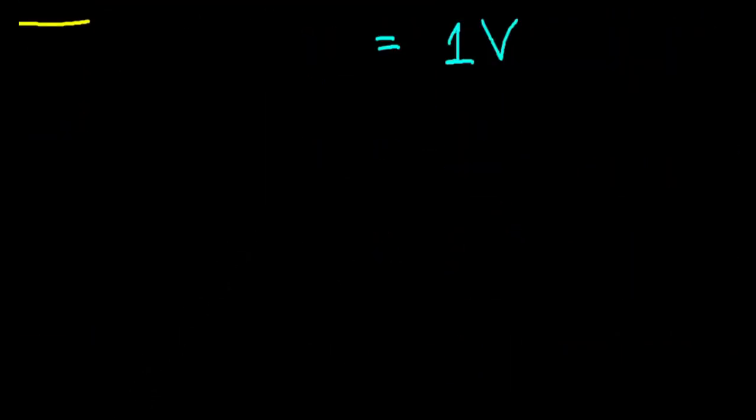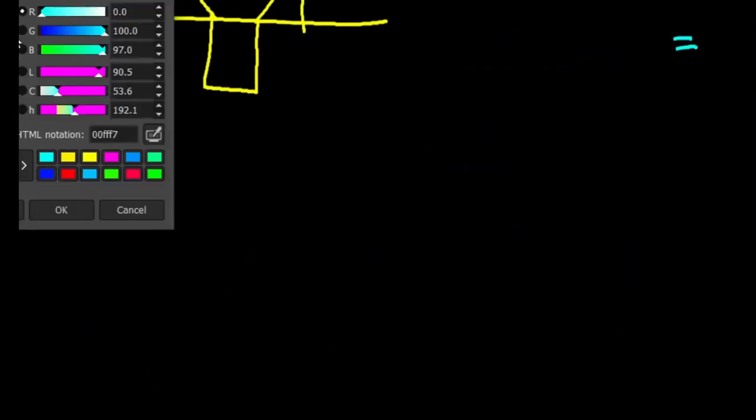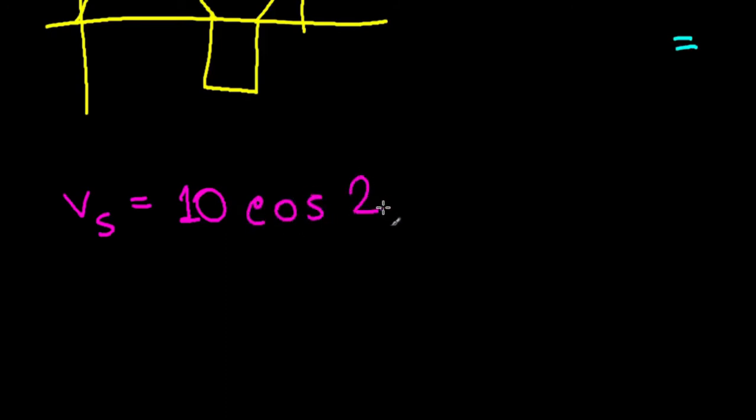Let's actually just do one problem, not involving graphs. Just hardcore mathematics, you could say. I'm just going to do this for the sake of doing it. So our supply voltage is 10 cosine 2t millivolts. Our resistance is 3 megaohms.